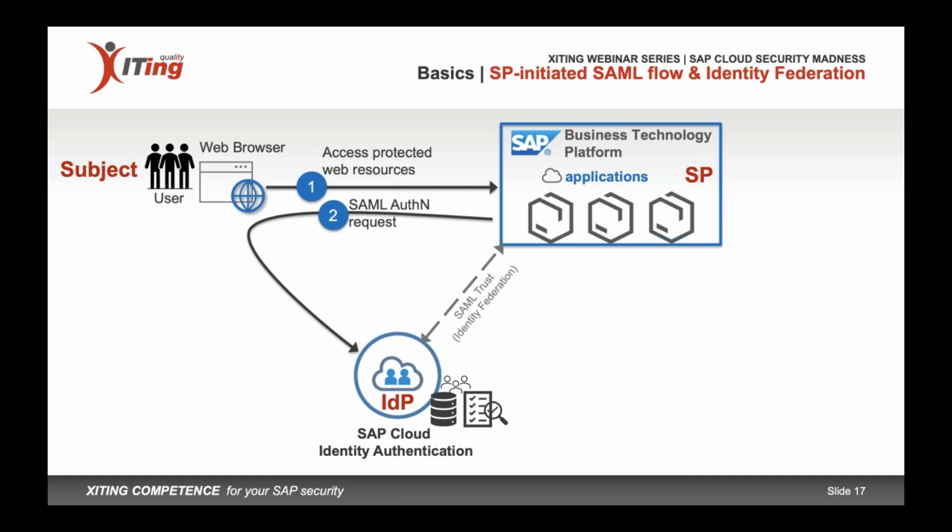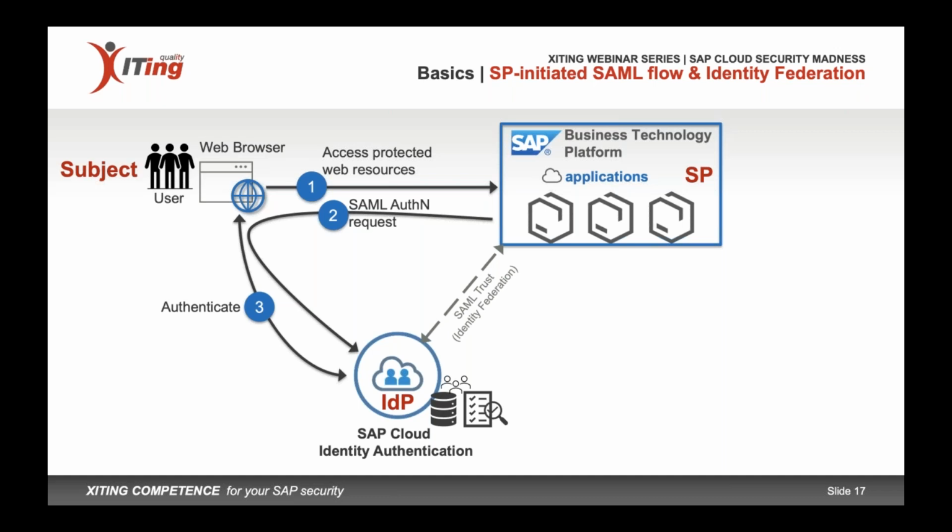So if not already done, the user now has to authenticate at the identity provider. And that actually is the real authentication process that happens, which involves a user interaction, like an MFA, for example. But it can be also, as I said, fully transparent. That is when you use single sign-on against the identity provider.